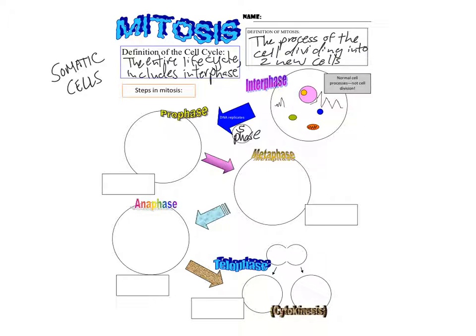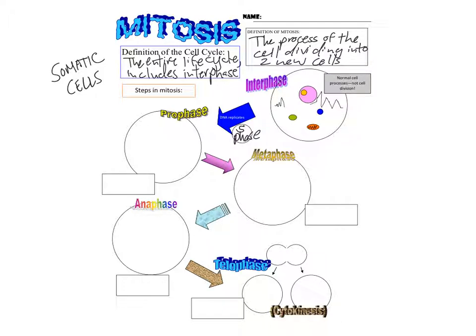You're going to learn all about DNA replication later, but the DNA replicates, meaning it makes an exact copy of itself, and then it will be ready to divide, but it still stays in interphase for a little while longer.